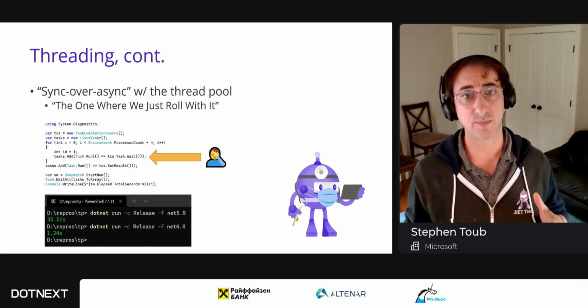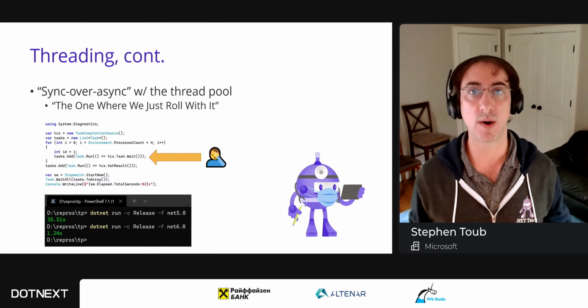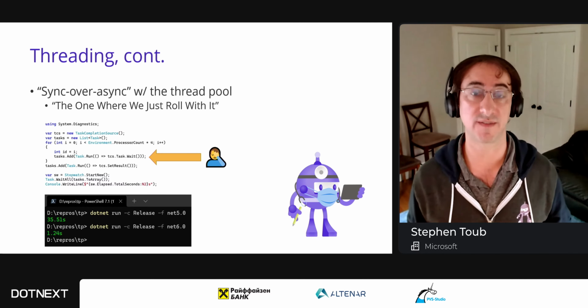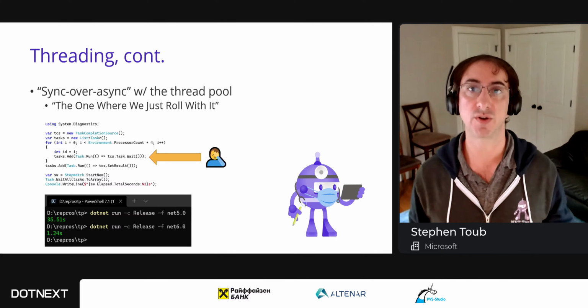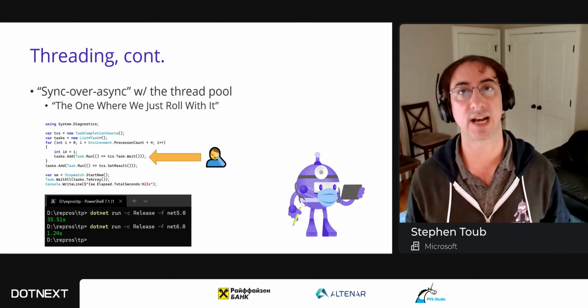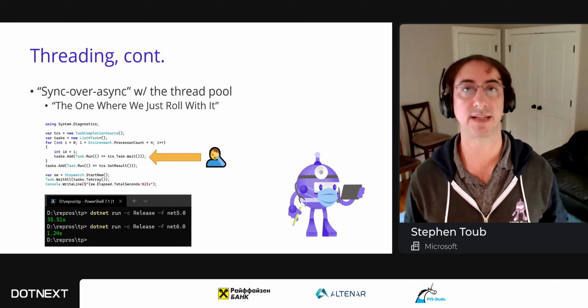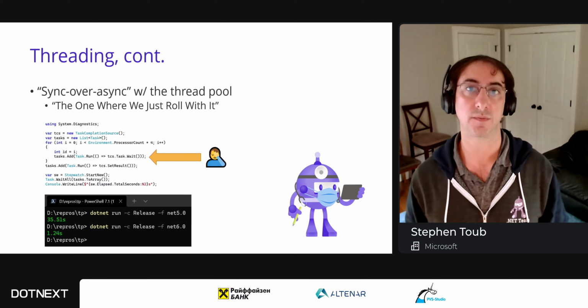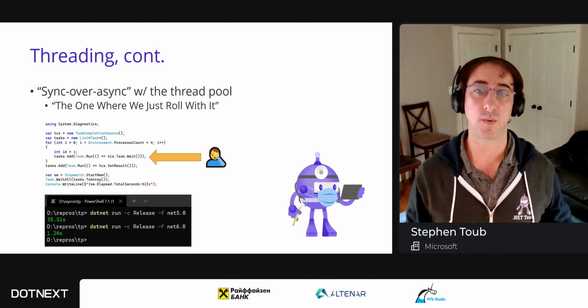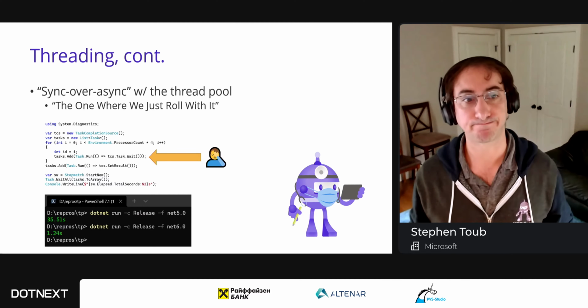So we don't like this kind of workload, but we know it exists. We know it's a pain point for developers on .NET. And so we've introduced yet another mechanism for injecting threads, beyond the starvation mechanism and beyond a hill climbing mechanism I didn't talk about, to help deal with this workload. So while we don't like it, this is the one where we just roll with it.